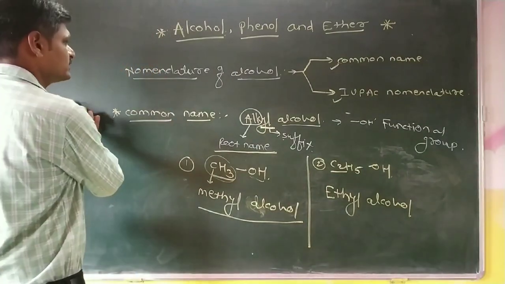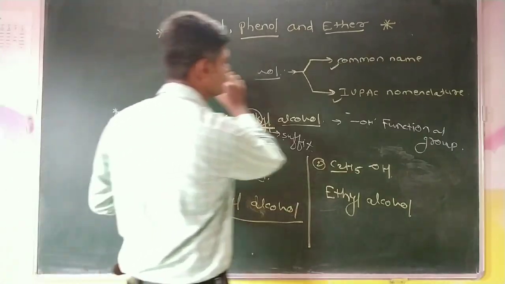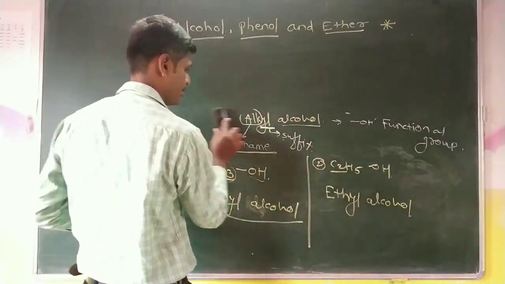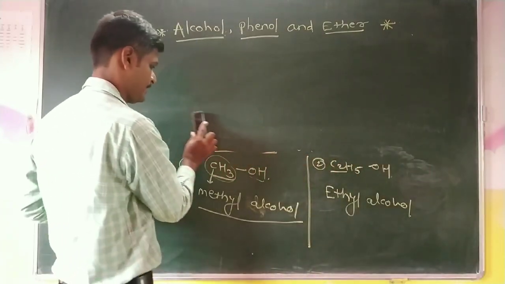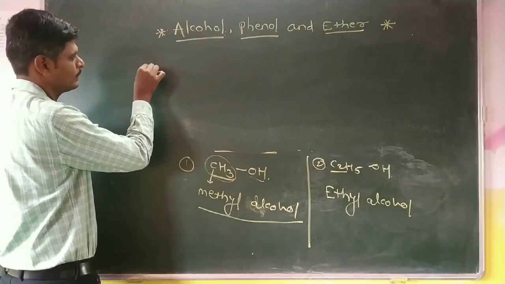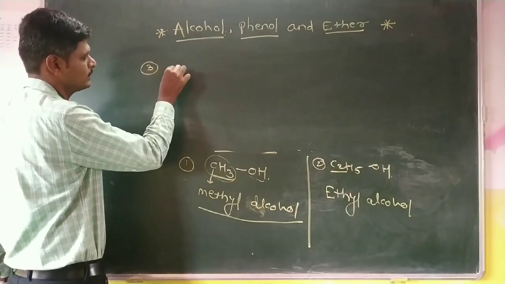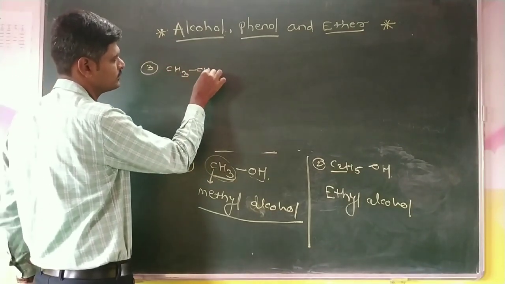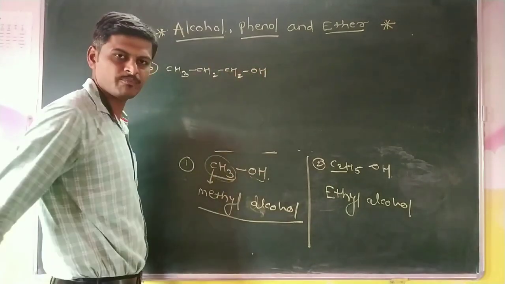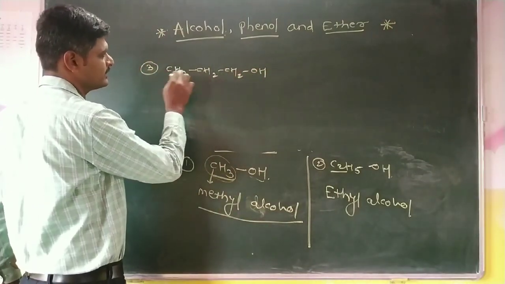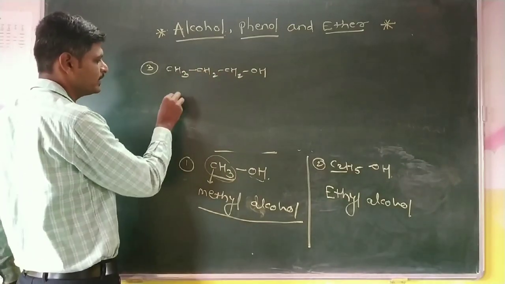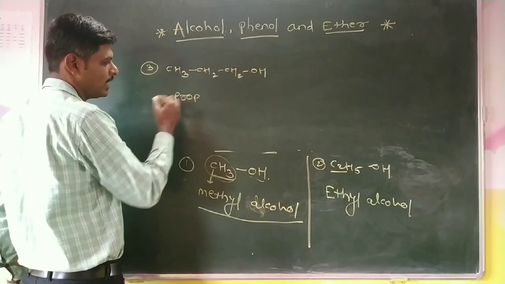Then the next example. Third example, CH3, CH2, CH2, then OH. In this example there are three carbon atoms. The three carbon root name is prop.